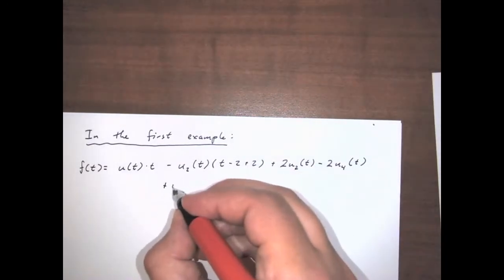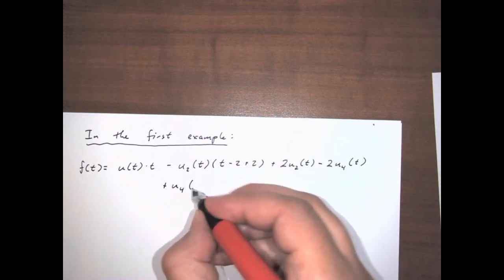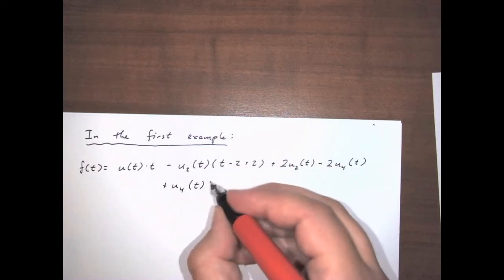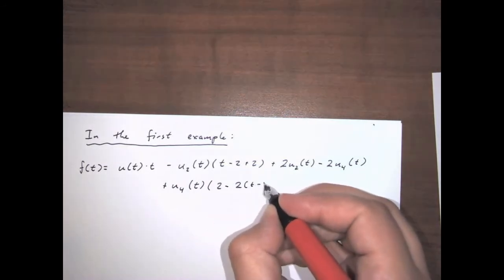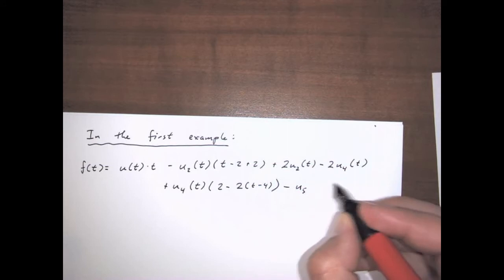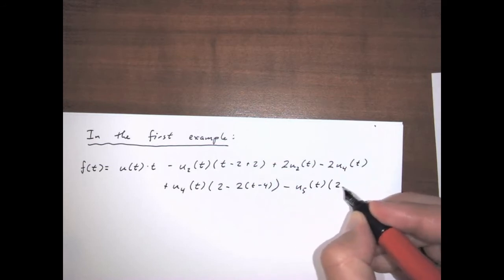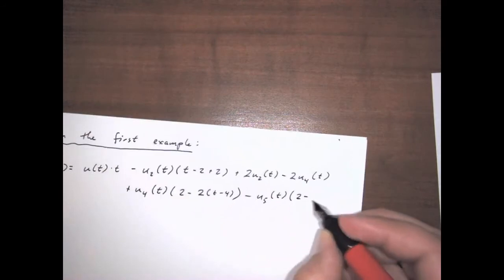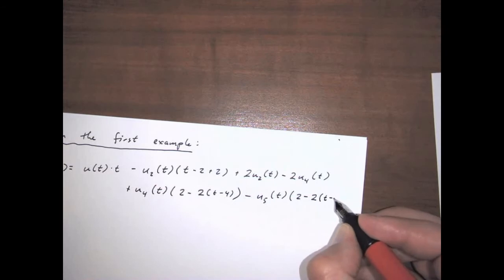plus u4 of t times 2 minus 2 times t minus 4, minus u5 of t times 2 minus 2 times t minus 5 plus 1.